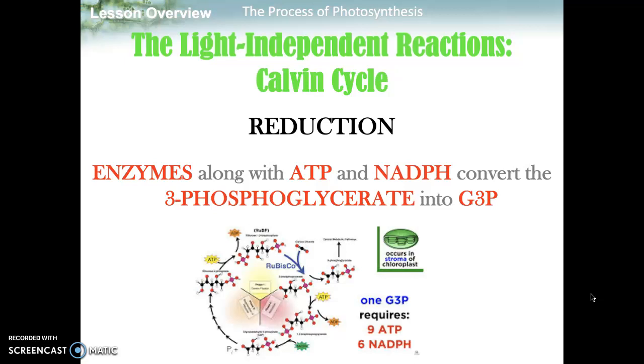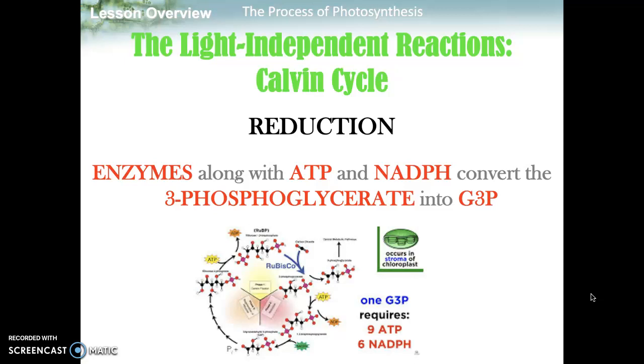Okay, so we're going from carbon dioxide and RuBP combining to make 3-phosphoglycerate, which then in turn will be changed into G3P. What we are doing is reducing the phosphoglycerate into G3P. Okay, that reduction is a chemistry term. I'm not really worried that you understand that. You'll learn more about reduction if you take chemistry. Okay, so just keep track of where we're going. Carbon dioxide, RuBP, phosphoglycerate, G3P.